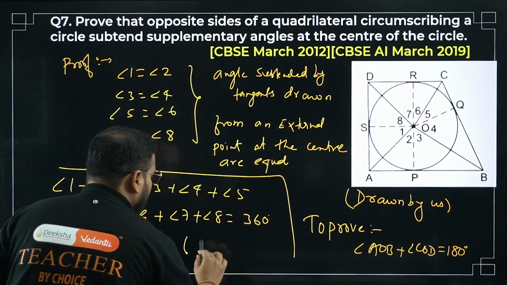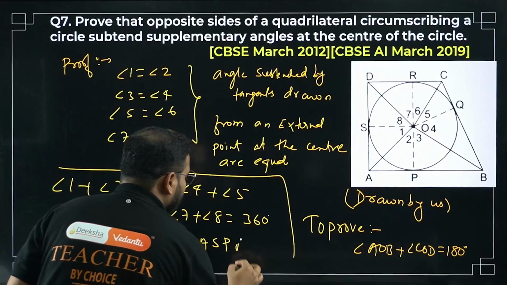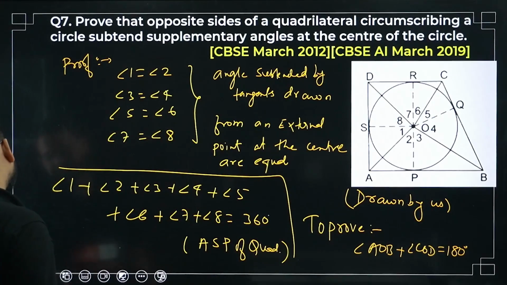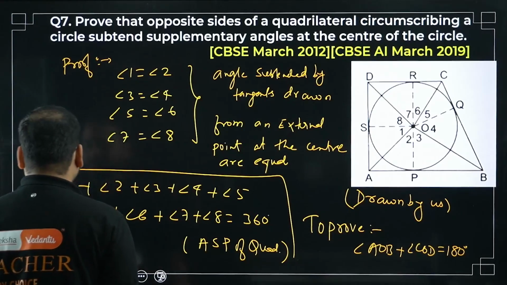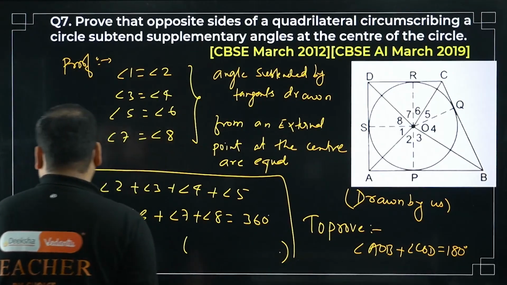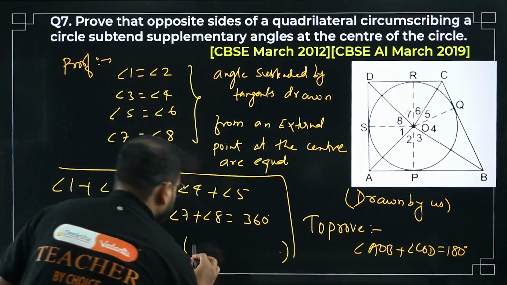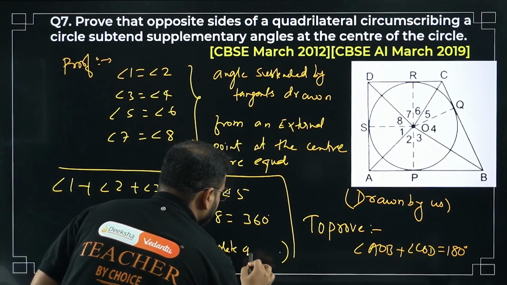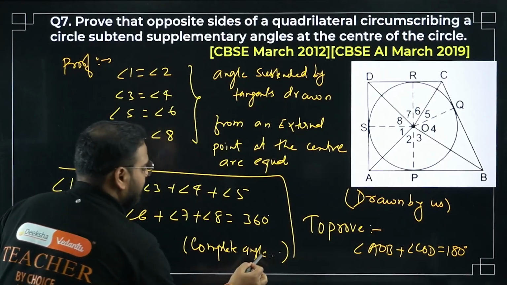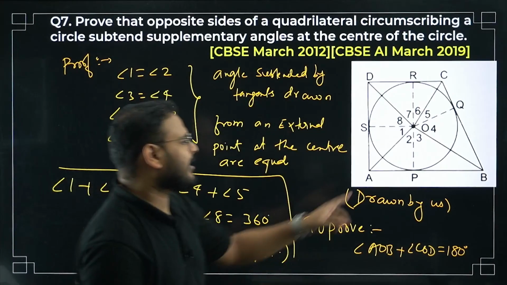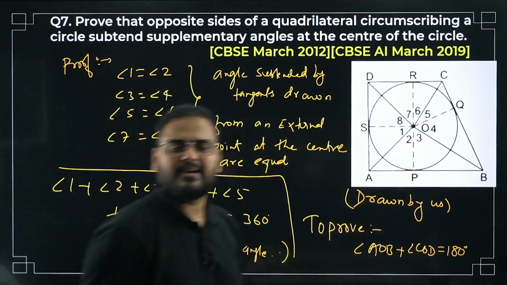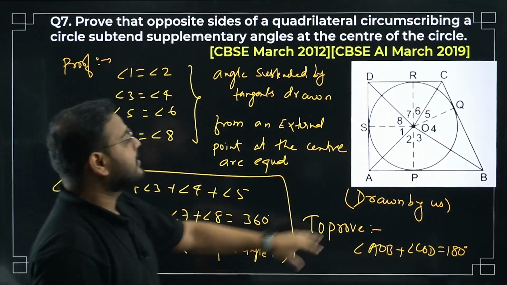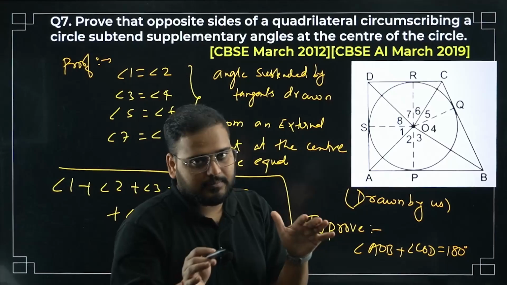What is that property? Not the angle sum property of a quadrilateral, excuse me. Forgive me, I wrote the wrong property. It's the angle about a point, a complete angle, right? 360 degrees. So 1 plus 2 plus 3 plus 4 plus 5 plus 6 plus 7 plus 8 is 360 degrees. All of you agree. That's not a problem, okay?